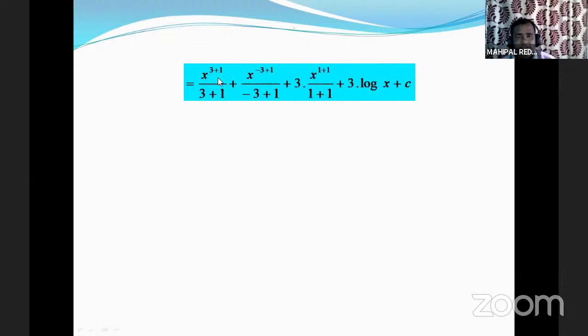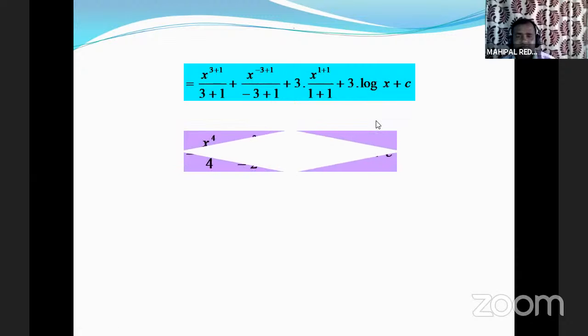As in the previous problem, the integration of x power n is x power n plus 1 by n plus 1. So x power 3 plus 1 by 3 plus 1, plus x power minus 3 plus 1 by minus 3 plus 1, plus 3 into x power 1 plus 1 by 1 plus 1, plus 3 into the integration of 1 by x, which is log x, plus c.